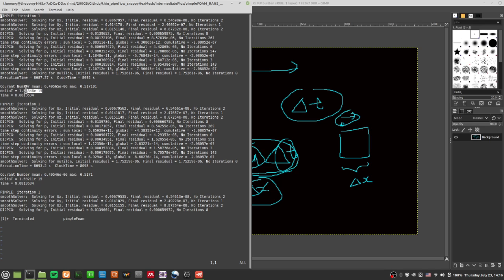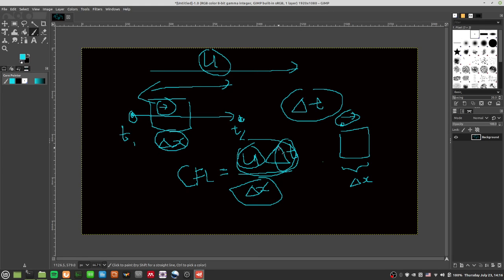But you see, even with a significant reduction in time step, the maximum Courant number is not decreasing. It's roughly the same, even with a decreasing time step. Maybe just now I wasn't explaining too clearly. The time step wasn't constant.